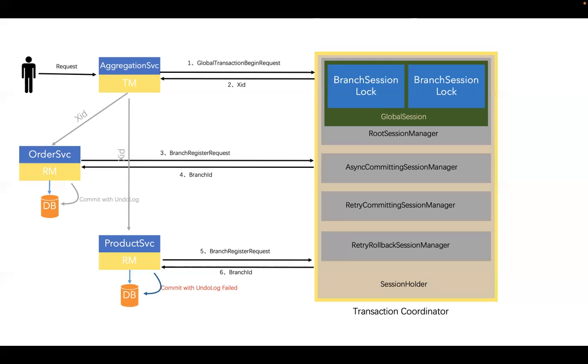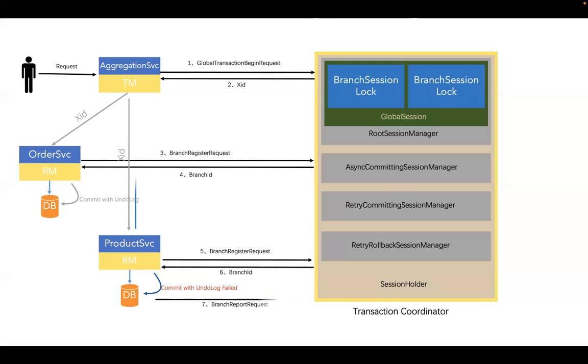So at this time, if, for example, committing the local transaction with the undo log failed, the resource manager will send a branch report request to the TC server, and the TC server will release the branch session lock for it.